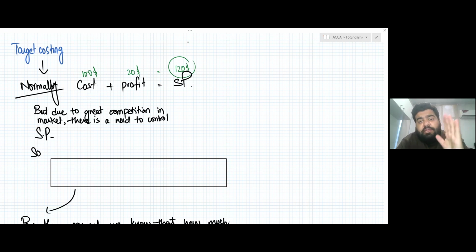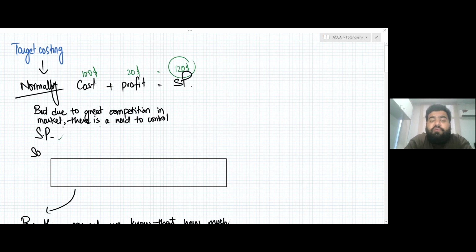So this is the main issue: in this competitive environment, with great competition, we can't decide our selling price ourselves. So we have to just reverse the approach. How? Due to great competition in the market, there is a need to control the selling price.